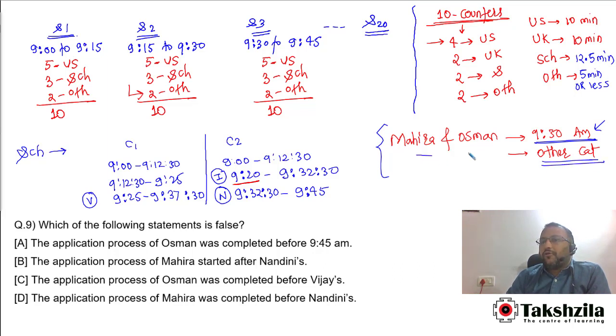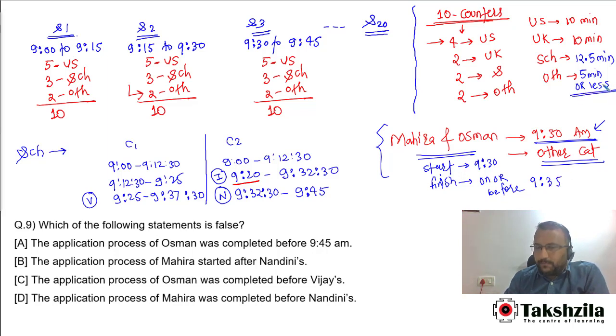It means both of them will start at 9:30 on the 2 counters and finish on or before 9:35, because the maximum time taken for the other category is 5 minutes per application.